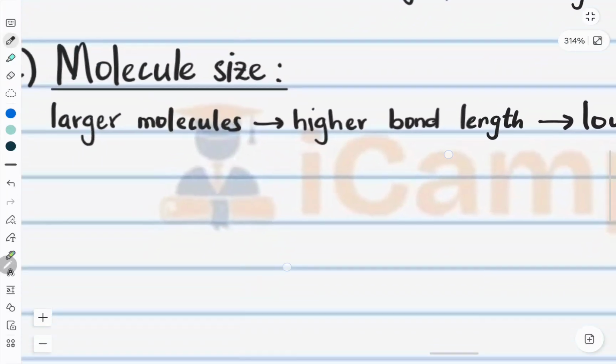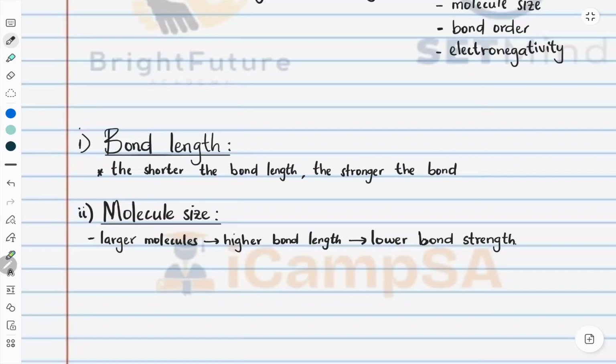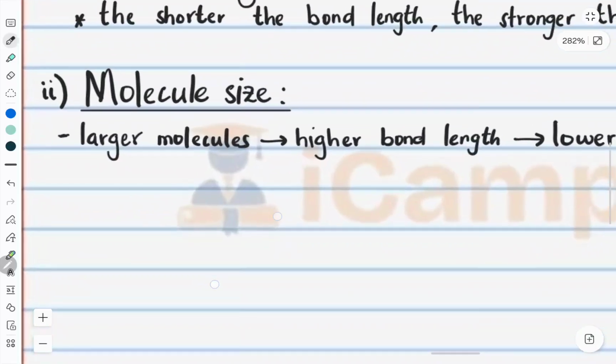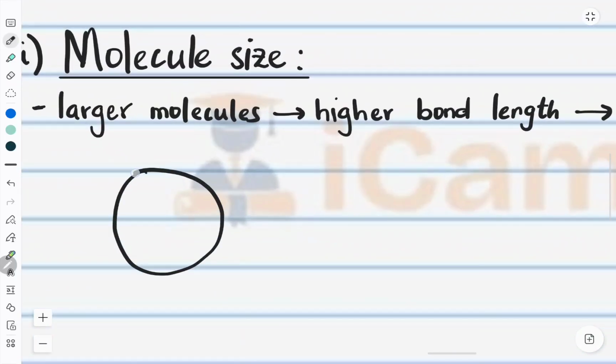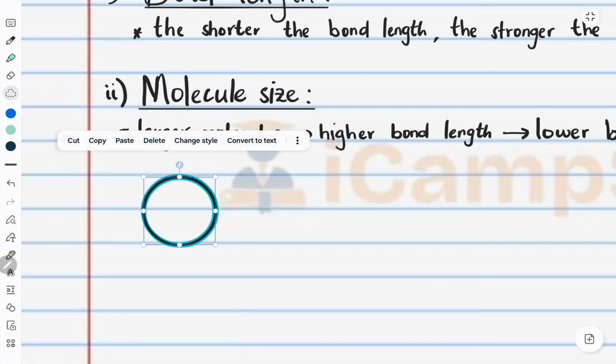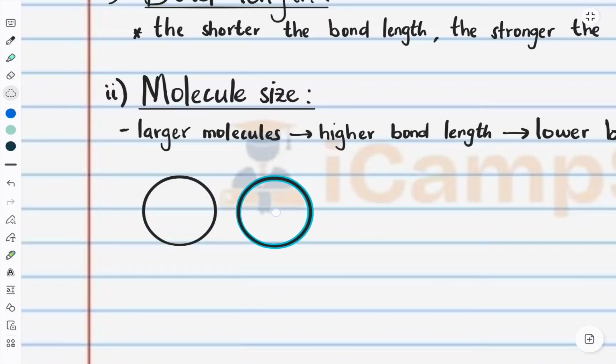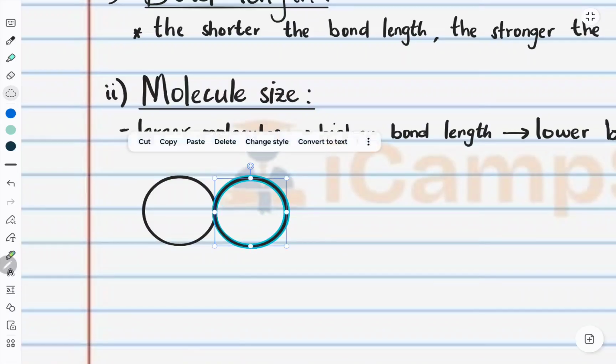So what does it look like? Imagine that same case where we have two atoms forming a molecule. Let's say this is molecule A. Now imagine we have something like this. These are two atoms of one molecule, and they are bonded nicely to one another.